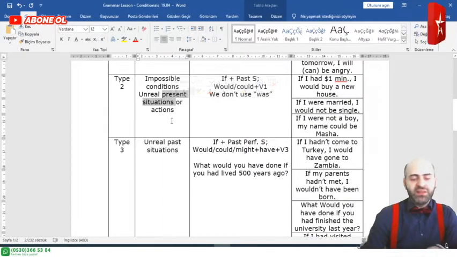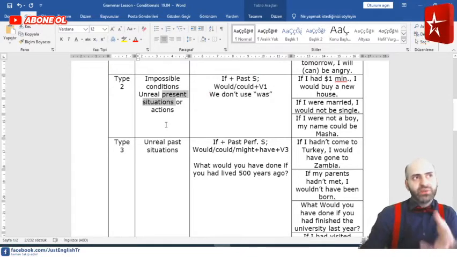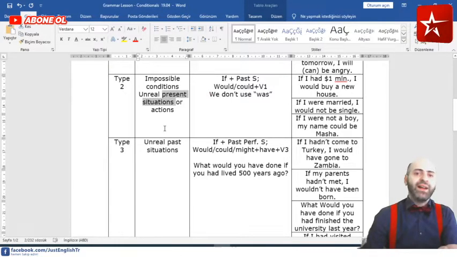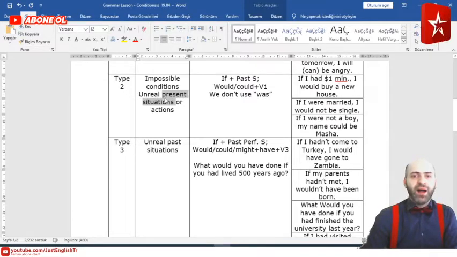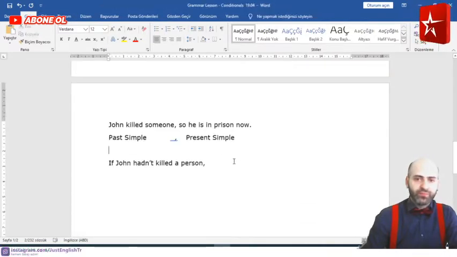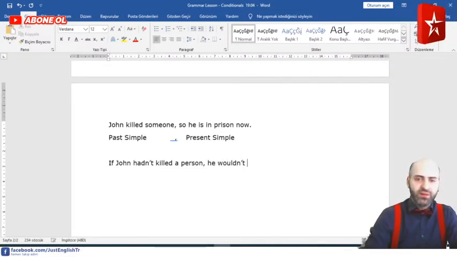In reality, he is in prison now. So if I say not in prison, this becomes unreal. So I need to use type 2, unreal present situation. So I need would and verb 1. If John had not killed a person, he would not be in prison now.